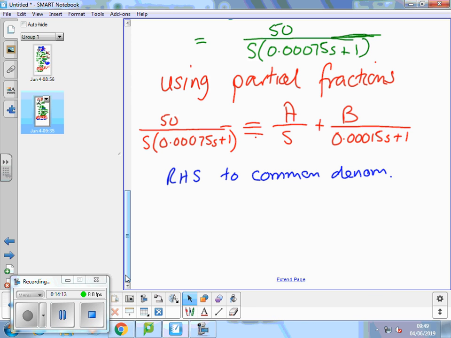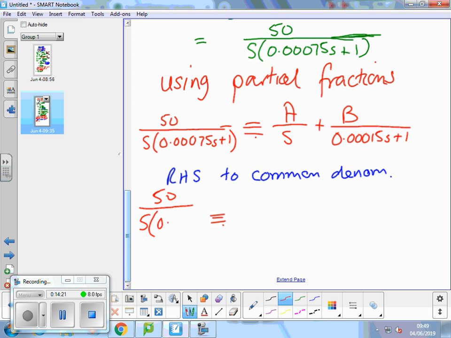So we have to write that as equivalent to 50 over S times 0.0015 S plus 1.